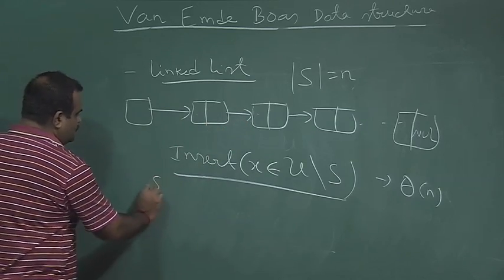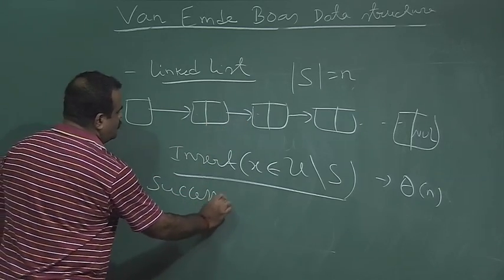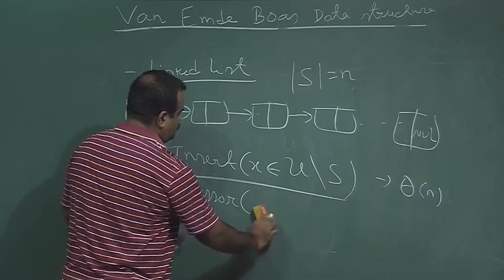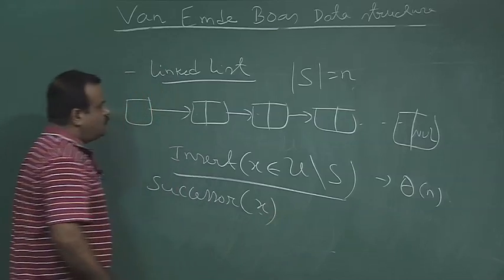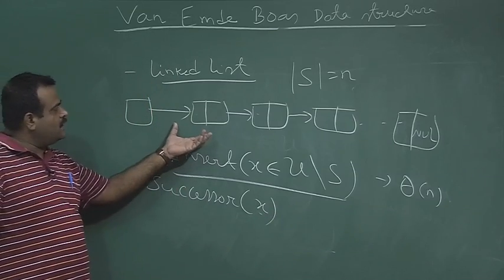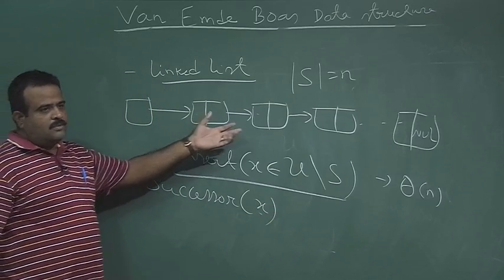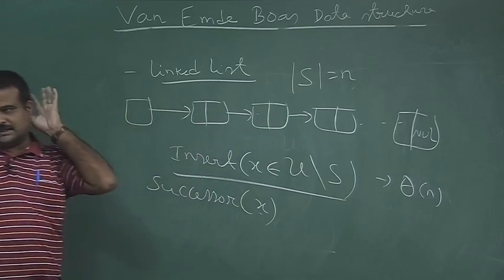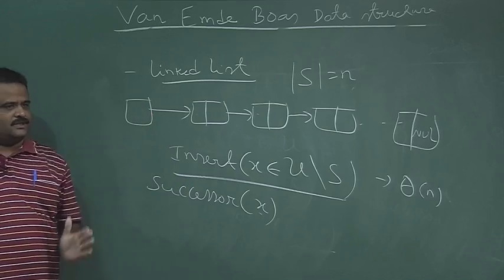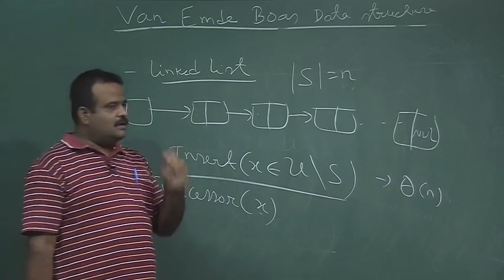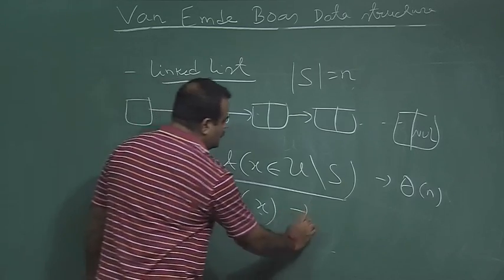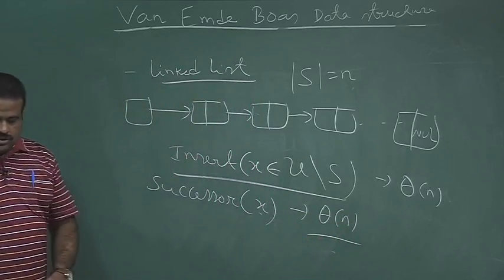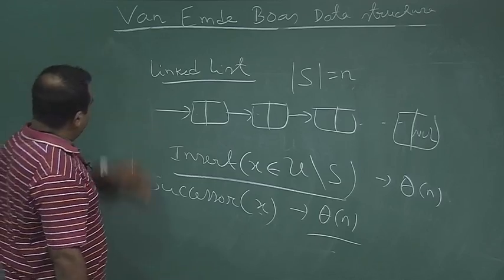Now the main thing is the successor query. Even if it is sorted, we may not start from that point, so for successor we again need to scan the list to find the next element. So successor will again take linear time. We want to do something better than this.